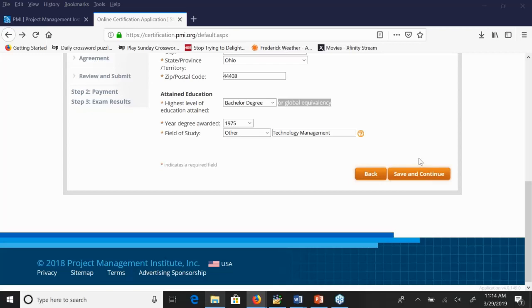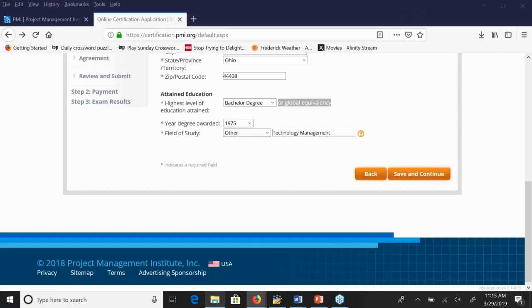Fair enough. If 10 is the high school diploma and plus 3 is your bachelor's degree, that would work. The reason it matters, though, on those two tiers: if you have a bachelor's degree, the global equivalent or better, then you have to account for 4,500 hours of project management experience over the past 8 years.